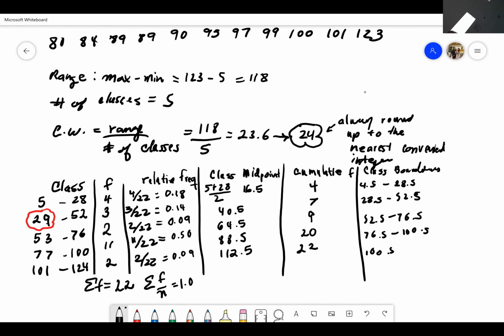Subtract half, add half. And now we create our class boundaries.